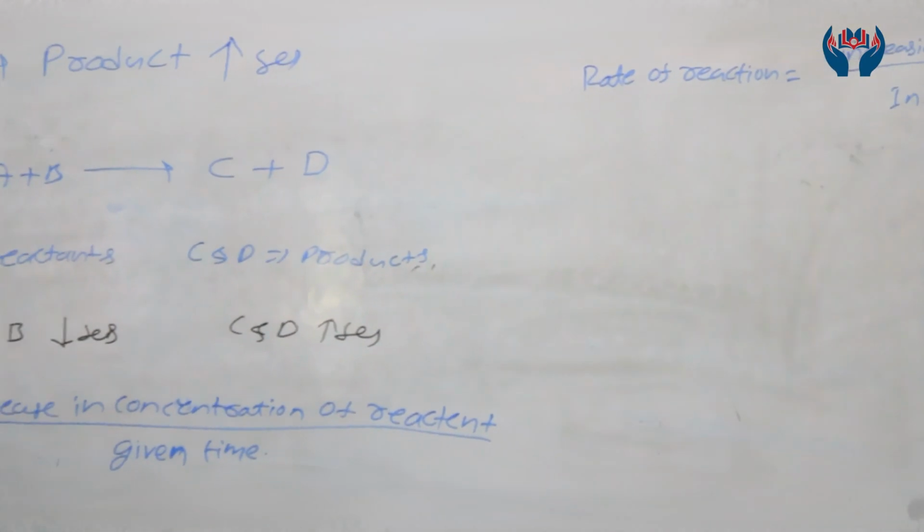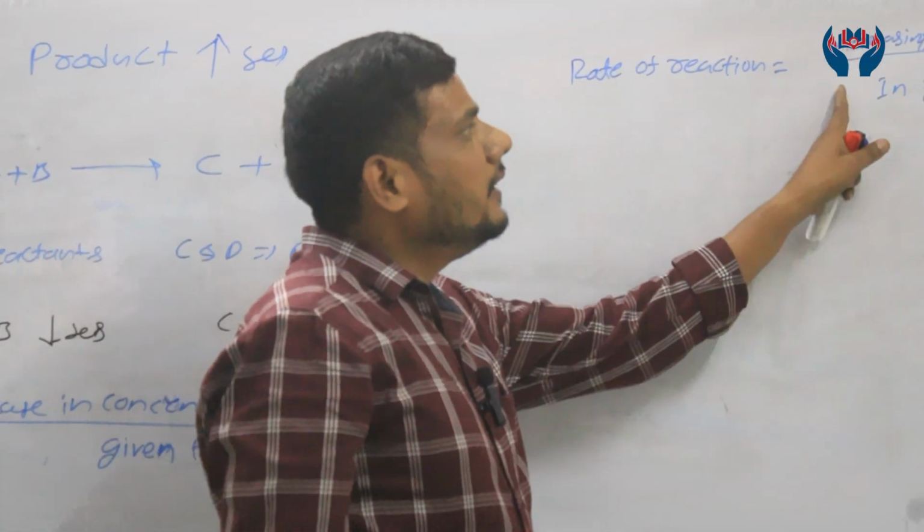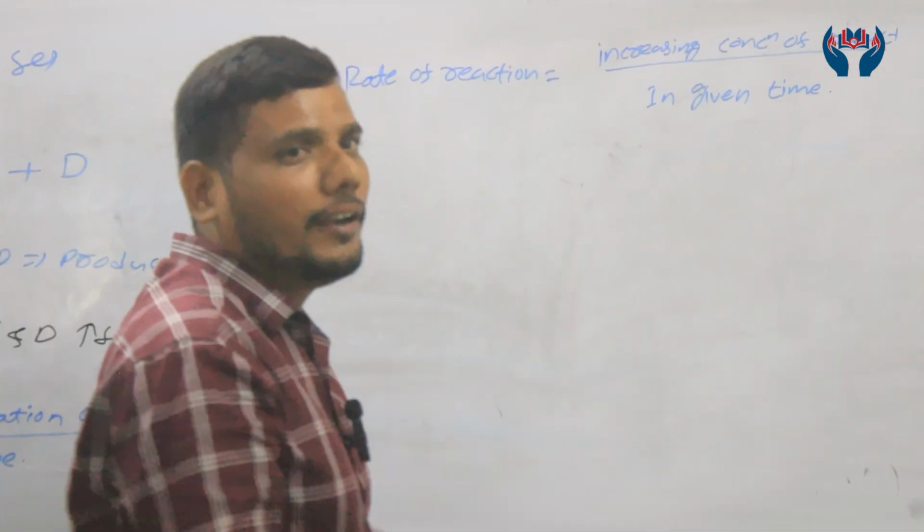The rate of reaction is defined as the decrease in concentration of reactant in given time as well as the increase in concentration of product in given time.